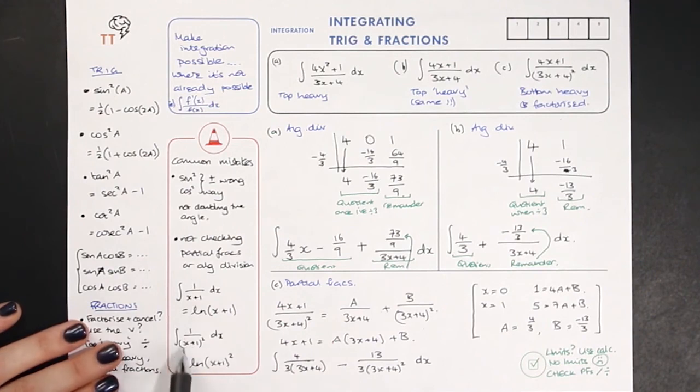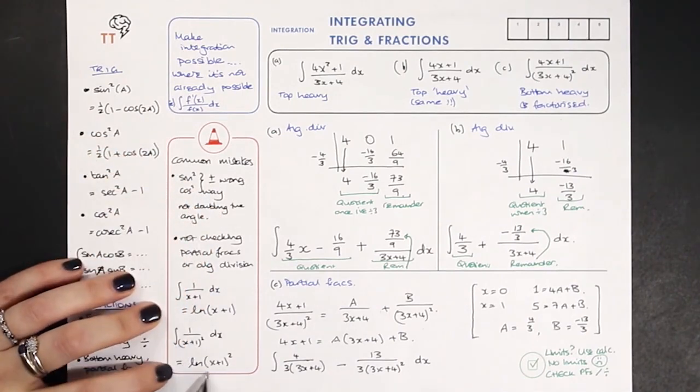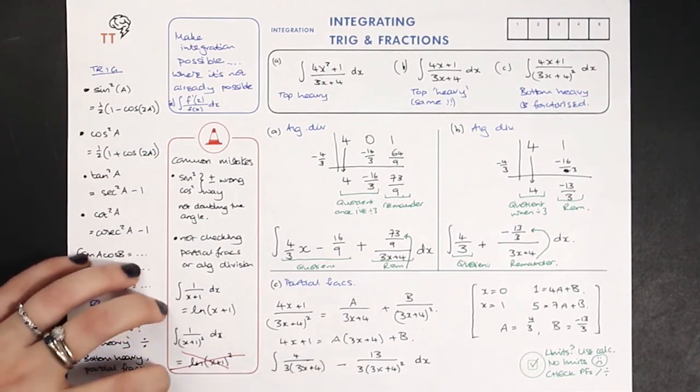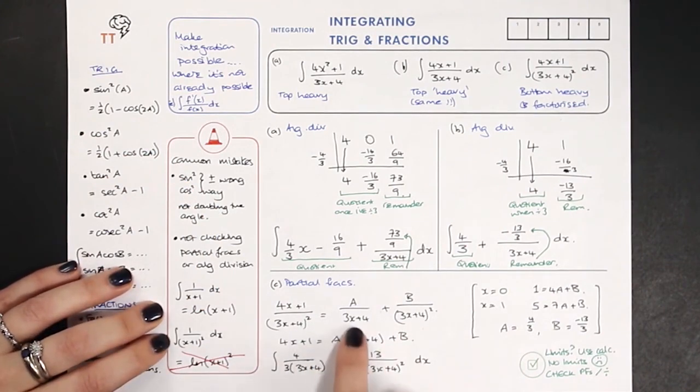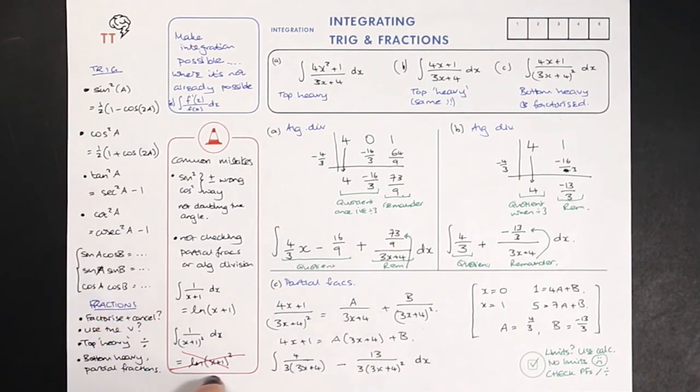Now, the integral of 1 over something linear is ln, but the integral of 1 over something not linear, like a squared function, is not. So this is really important. It happens a lot when you do these partial fractions because you end up with one like that and one like that. That one has come from ln. That one has come from 3x plus 4 to the power of minus 1. So be very, very careful with that common mistake.